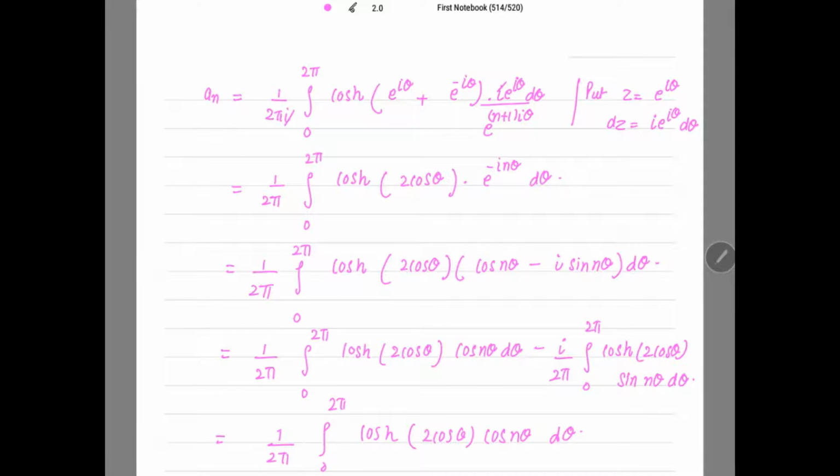I write this remark here: 0 to a f of z dz is equal to 0 if f of a minus z is equal to minus f of z. Here your z is represented by the theta variable and a is 2 pi, right? Check this result and get the second integral to be equal to 0.